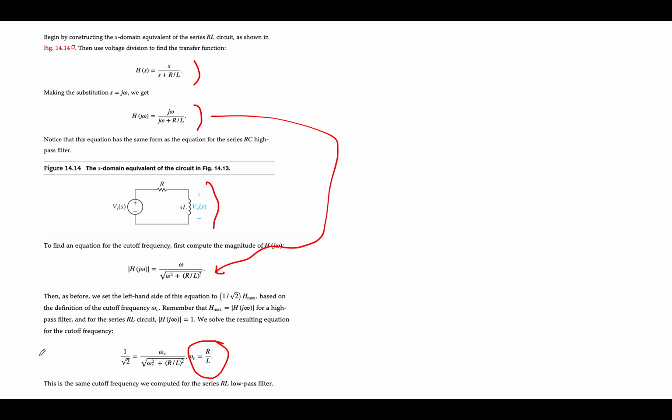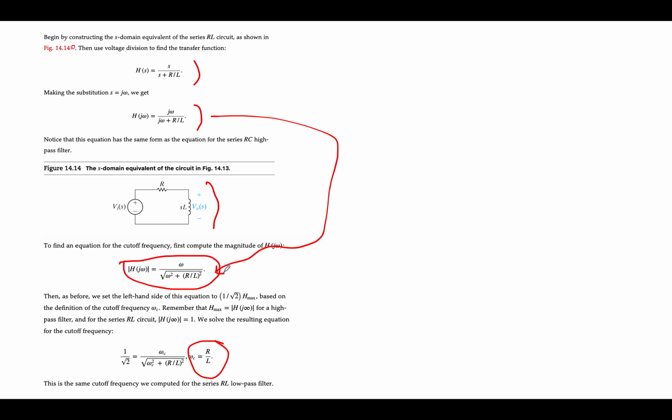So one comment: when would you need to use the transfer function in this form for the magnitude? The only time you really need it is once you're past the design phase. Let's say, for example, you want the exact value of the transfer function at a specific frequency. In that case, you just plug the frequency in, you know what R over L is, and you calculate it directly from the magnitude of the transfer function.